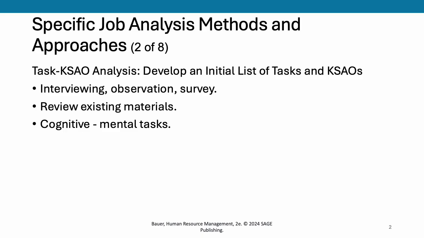Then there are observable tasks and observable KSAOs, and there are things that we have to assume based on inference about what is knowledge that somebody needs to have to be able to do a job. So there's stuff that's really direct and easy and it makes sense, and then there are other things that take a little bit more inference.